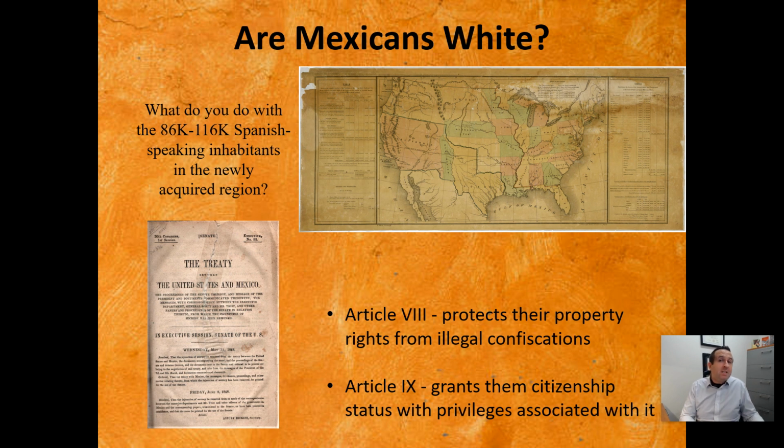So are Mexicans white? Because the Treaty of Guadalupe Hidalgo has a lot to say about citizenship. Again, we're dealing with somewhere around 100,000 Mexicans who are living in the now U.S. territories. And in the treaty, Mexico tries its best to protect their people.